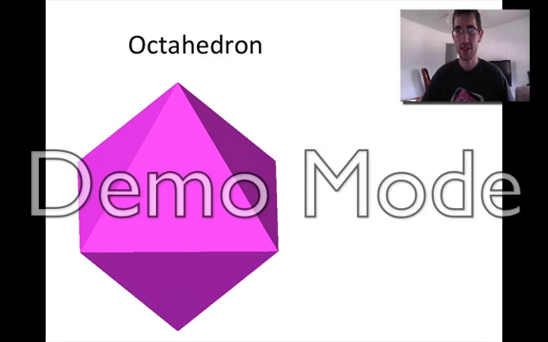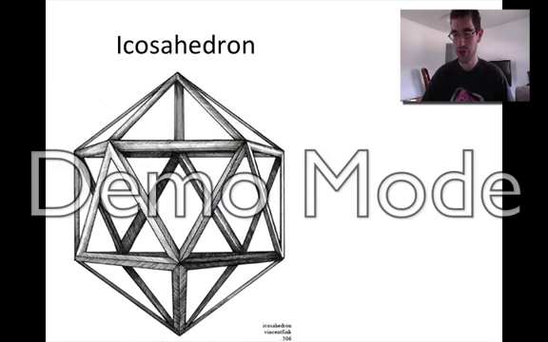The icosahedron, which is 20 equilateral triangles with 30 edges and 12 vertices, and as you can see, this is just kind of an elongation of the octahedron. It's basically just added some more triangles to it.